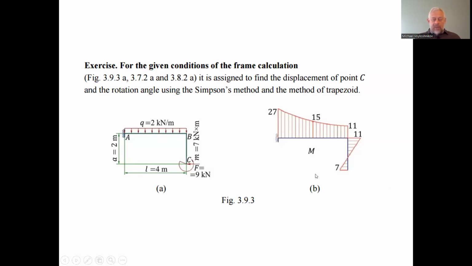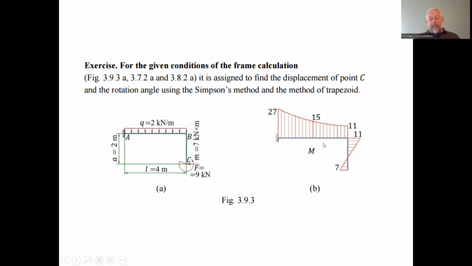We can find from the directory the formula for the parabolic shape: the ordinate is equal to the magnitude of the distributed force multiplied by L, the length of the application, squared, divided by 8. This will be the h of this small segment we have to subtract from the linear shape of the trapezoid. We have to subtract 4.